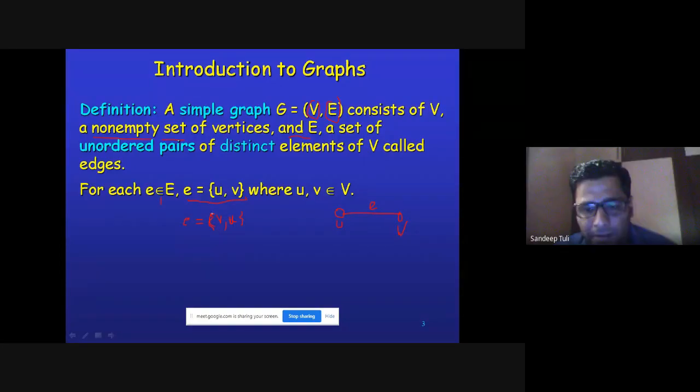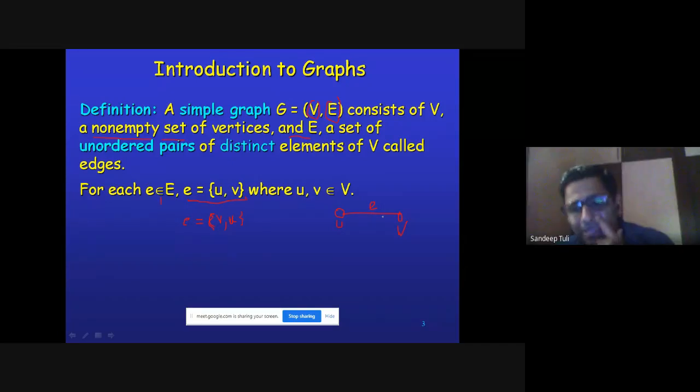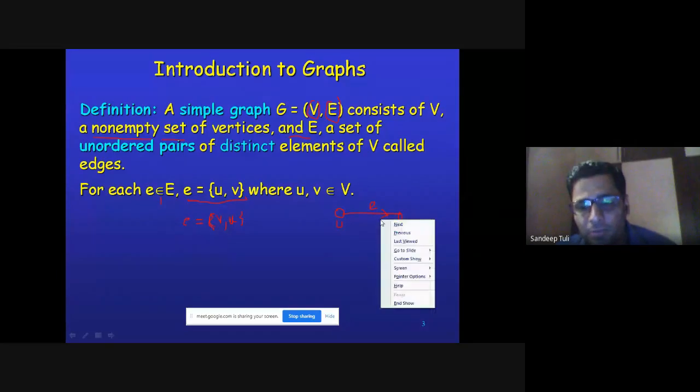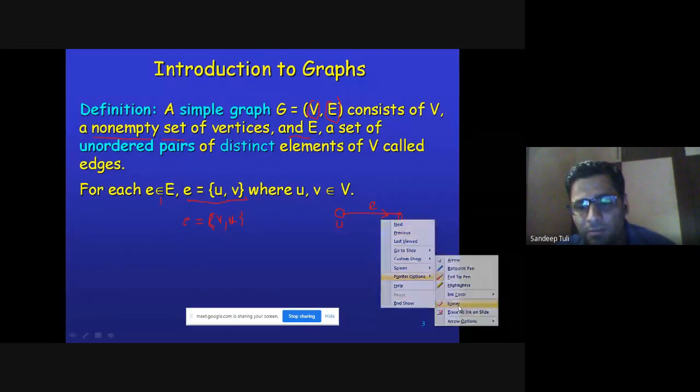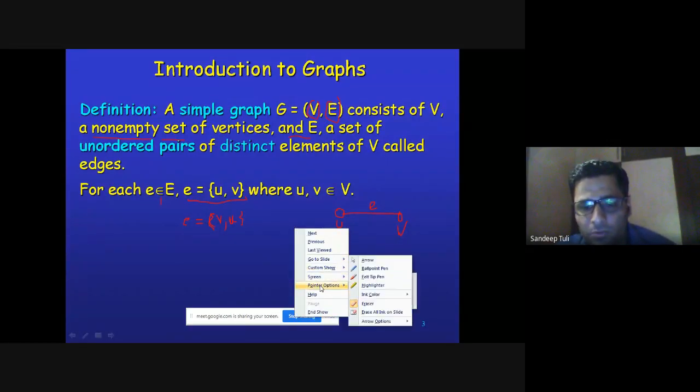But here I am not mentioning any direction. Sir, we are establishing a relation of U to V. That is when we show the direction. Suppose I am showing a direction, in that case it is U to V specifically. But suppose I am not going to show any direction, then what? Is e the same? It could be U to V or V to U.